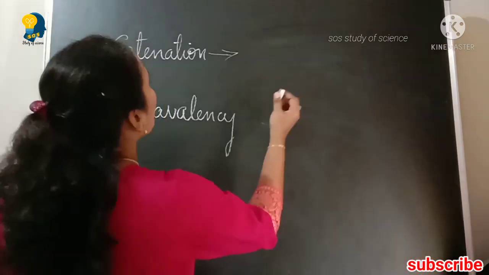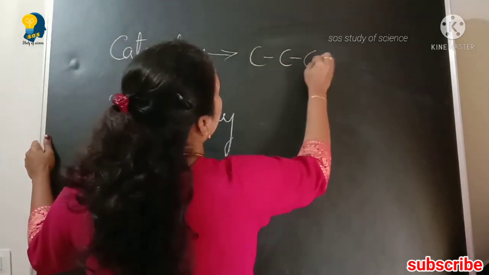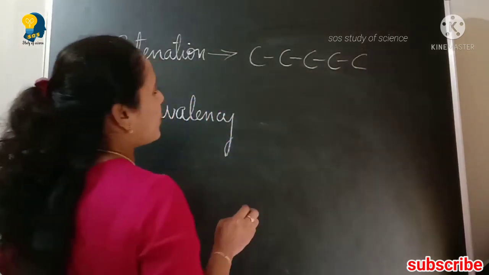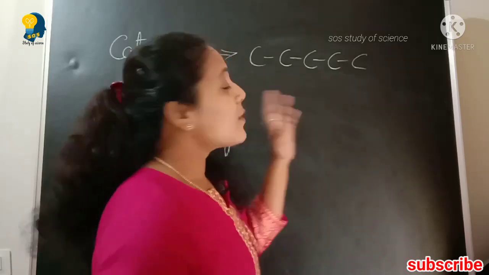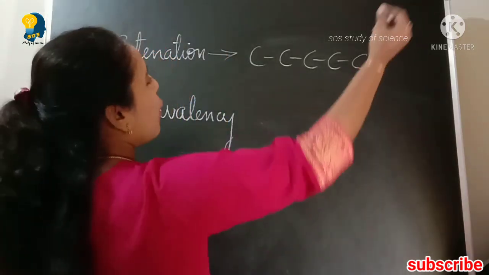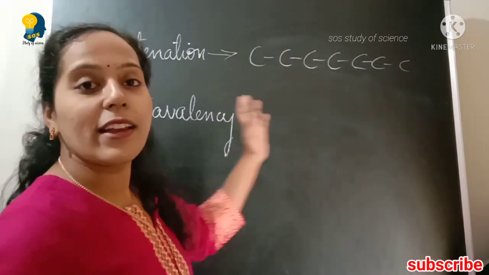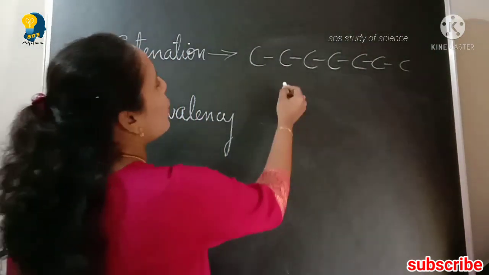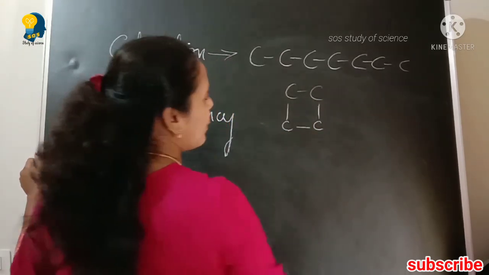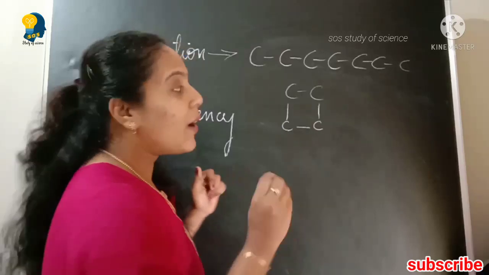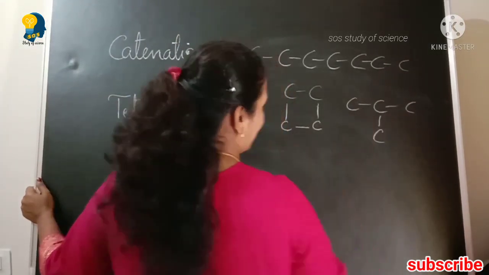For example, when I talk about catenation, the self-linking property is the unique property of carbon. As a result, it can link like this. It can form the longest straight chain. It can also link like this, and this kind of linking we call a cyclic chain. Next, carbon can also form the branched chain.